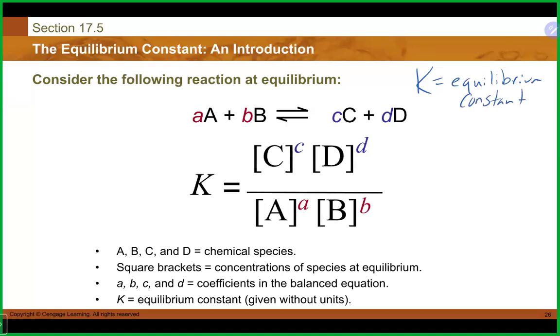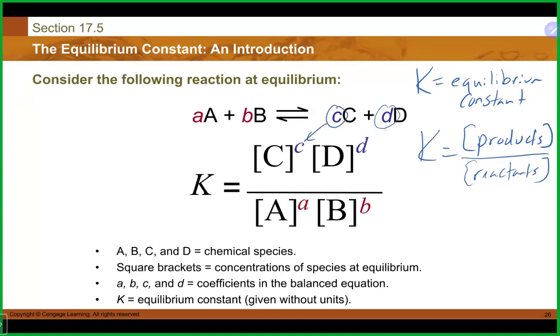Basically, to calculate the equilibrium constant, you take the concentration of your products divided by the concentration of your reactants. And one important thing is that the coefficients in the balanced equation become the exponents when you do that.